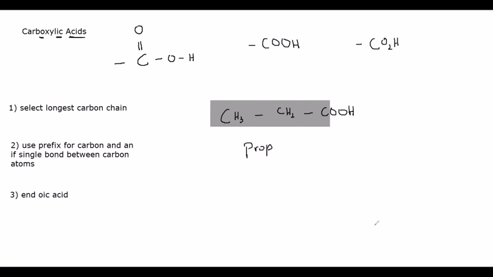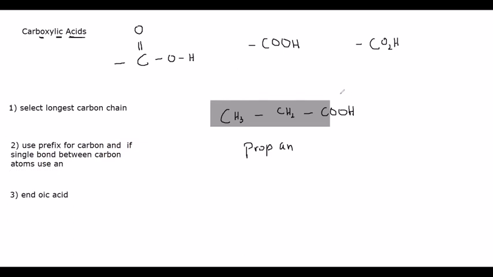What is the bond between the carbon atoms? One single bond, so it is AN. And when it's a functional group, like when a carboxylic group is there, for a single bond, instead of writing A-N-E, you will write AN only. If single bond between the carbon atoms, you will use AN, not ANE.